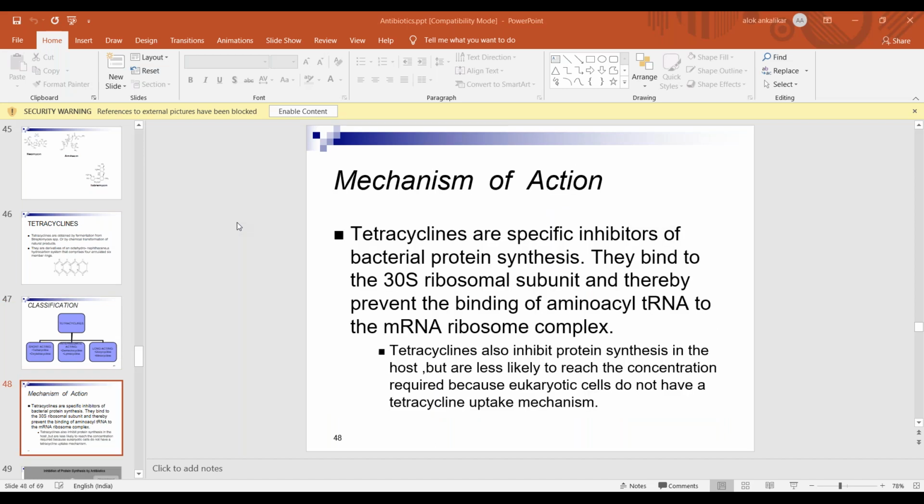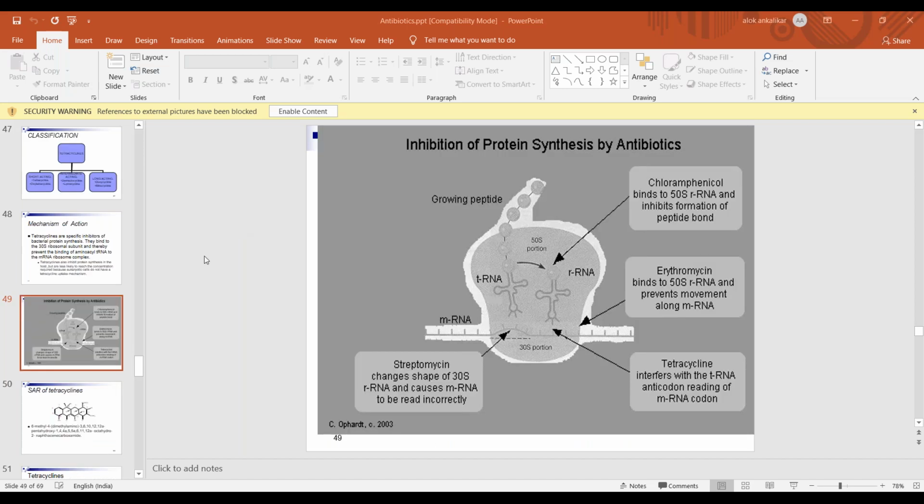If you see the mechanism of action of the tetracycline antibiotics, yesterday in aminoglycoside antibiotics, I mentioned the 30S ribosomal subunit and the 50S ribosomal subunit. This 30S or 50S ribosomal subunit helps in the formation of mRNA and then protein synthesis. And I told you, it is this protein synthesis of the microorganisms which spreads the infection throughout the body.